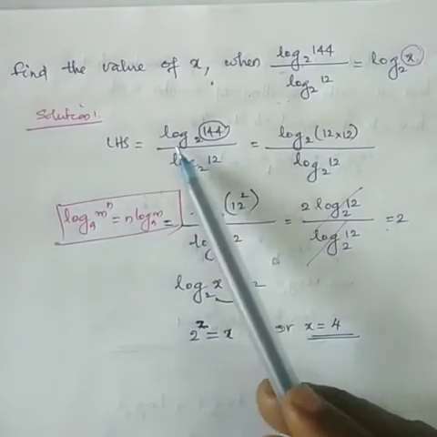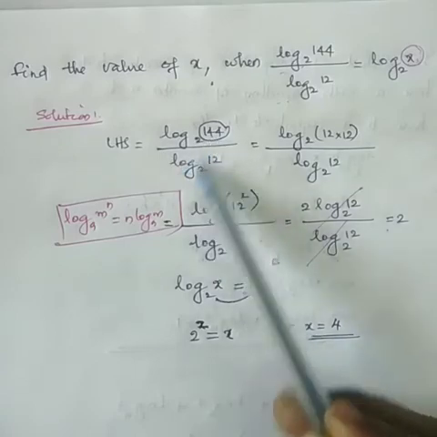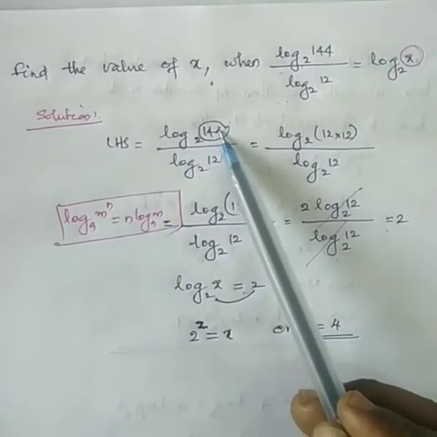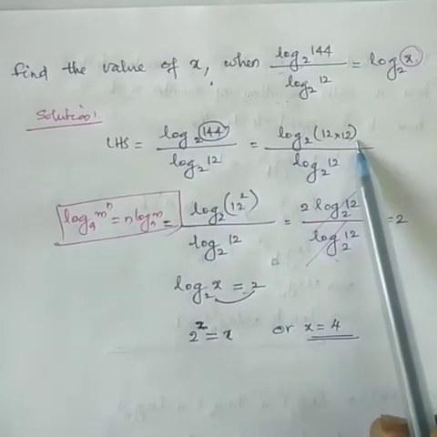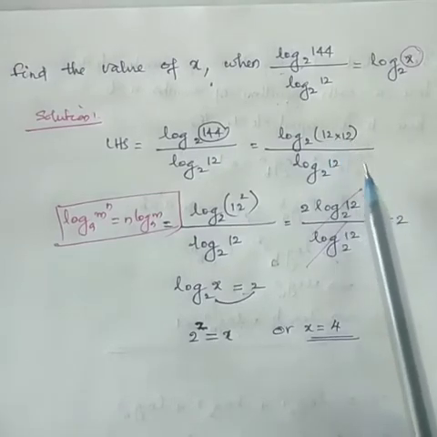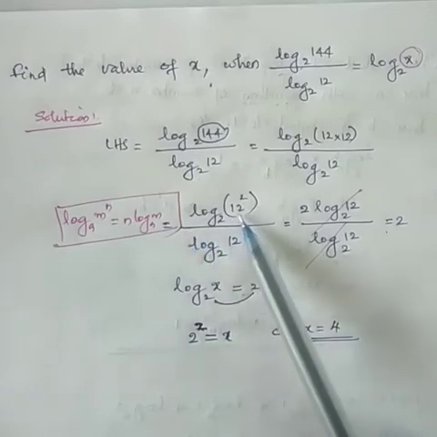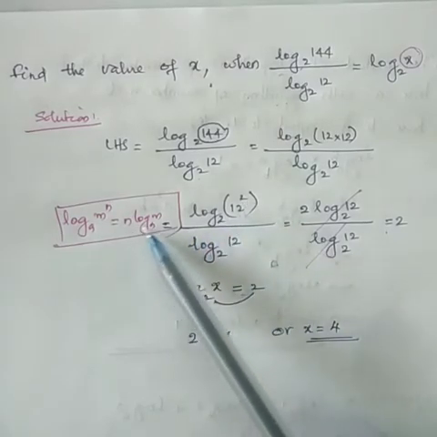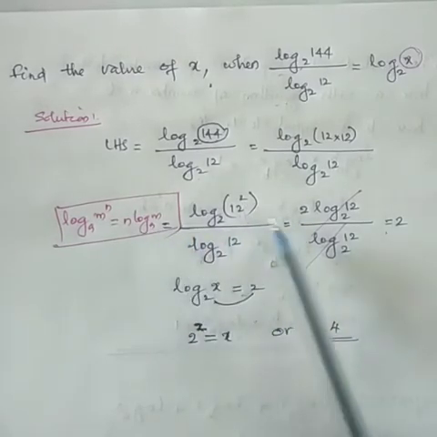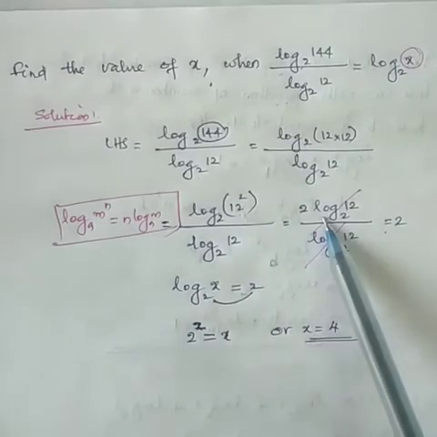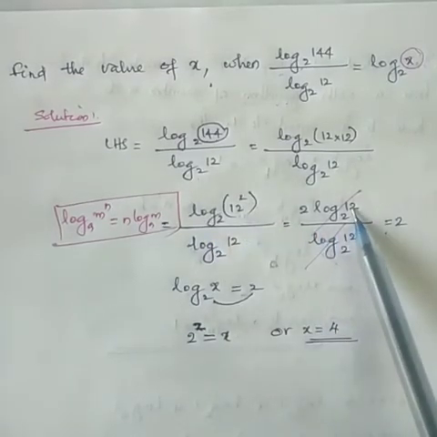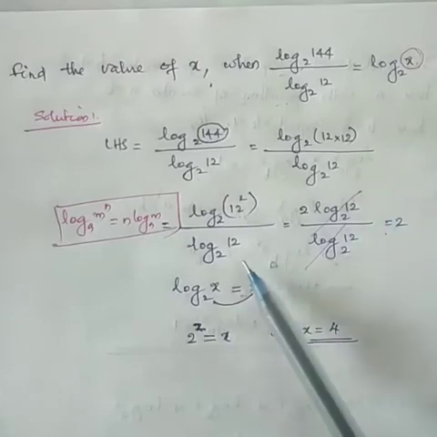Once again I am repeating. For finding the solution, first convert this 144 into 12 into 12, and this 12 into 12 can be written as 12 square. Again, we know that log m raised to n equals n log m. Using the formula, we can rewrite this as 2 log 12, and the denominator is the same.